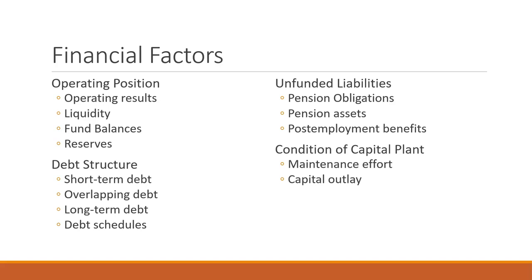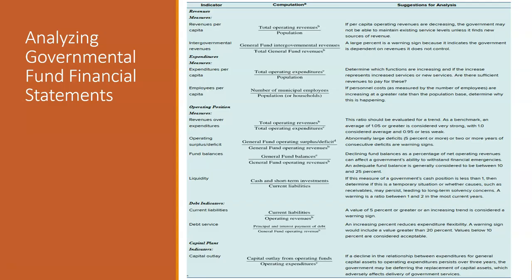And then what's our debt structure? What kind of debt do we have? How much debt do we have? When do we have to pay that debt back? How much of our tax revenue are we using, or is it special interest revenue? What does that debt serve? We analyze our fund financial statement using financial ratios. So we have different debt ratios, capital plant ratios, operating position measures, expenditures, and revenues.